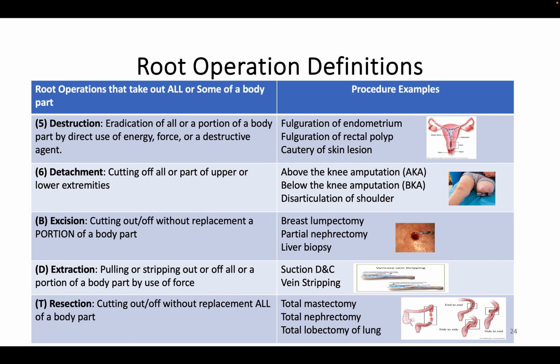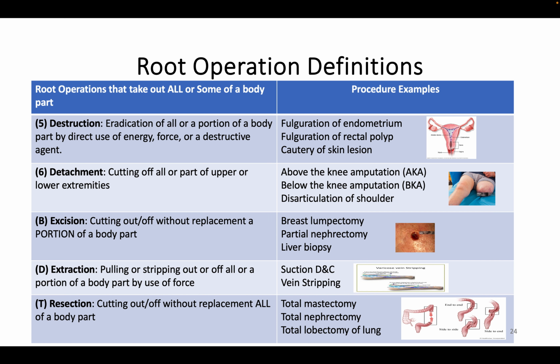Here is your fulguration of endometrium. There's a picture here. I don't know if you can see it very well, but it shows an ablation. It has the wire that goes up into the uterus and connects to all the walls, and so it uses a destructive agent on the walls of the endometrium.